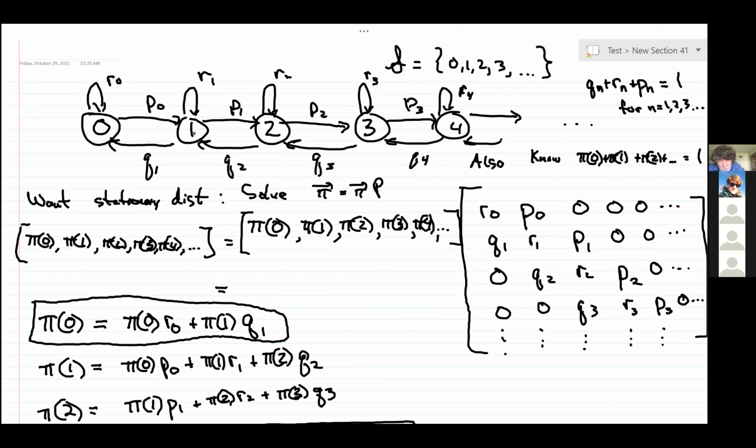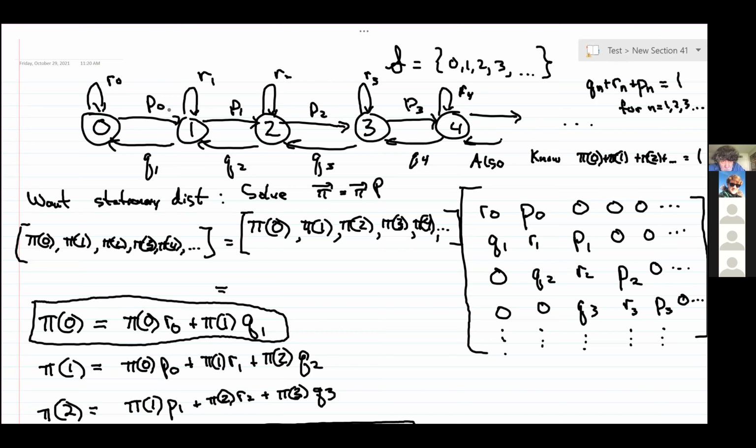If you're at 1, you either go down, you stay here, or you go up. Those are the only 3 possibilities because it's a birth-death chain. And so those have to add up to 1 because 1 represents 100% of the things that could happen. You either go down, you remain here, or you go up. Same thing happens at 2. You either go down, which is Q2, you remain here, which is R2, or you go up, which is P2. So as long as you're at n equal 1, 2, 3, etc., this equation holds.